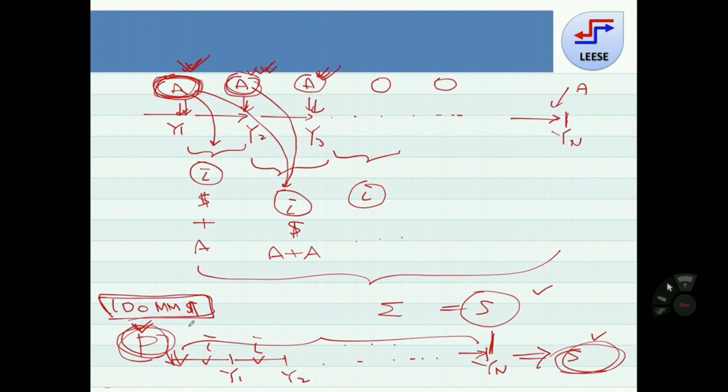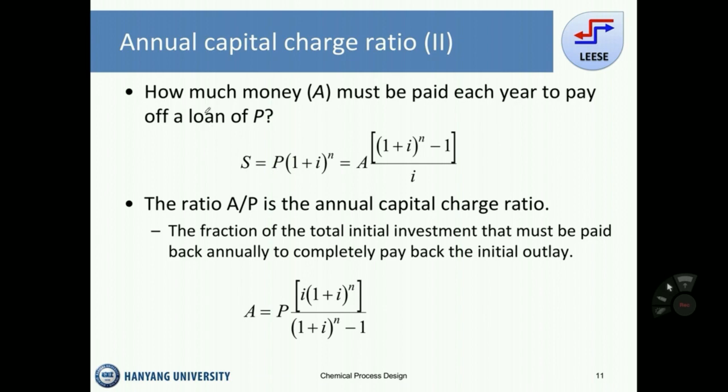Then I can cover $100 million. So these two must be the same. So in other words, how much money A must be paid back each year to pay off a loan of P? So I borrowed the money from the bank in the beginning. So this one is given by that equation. Two expressions are set equal to be the same.